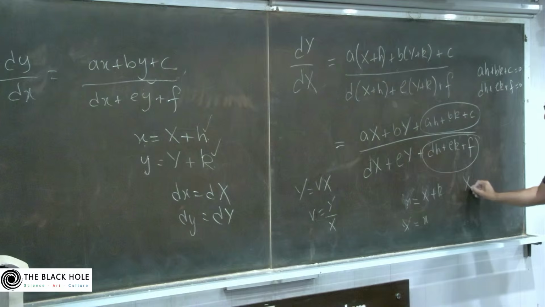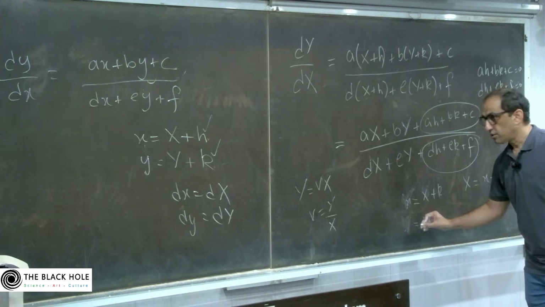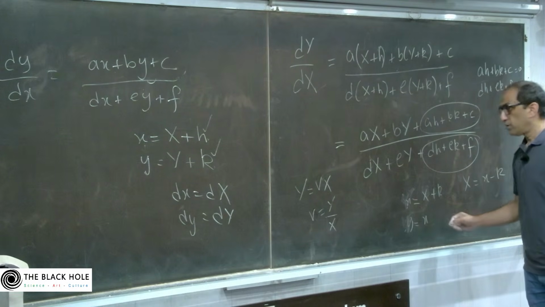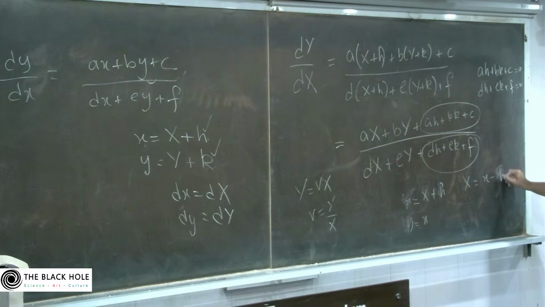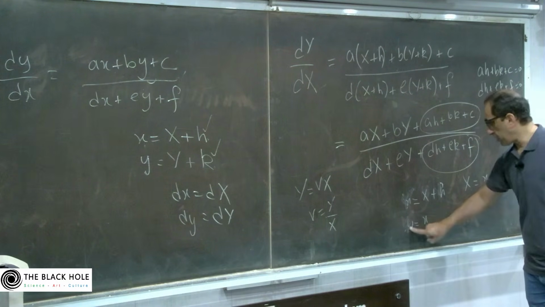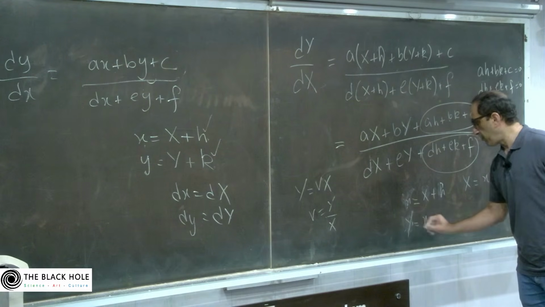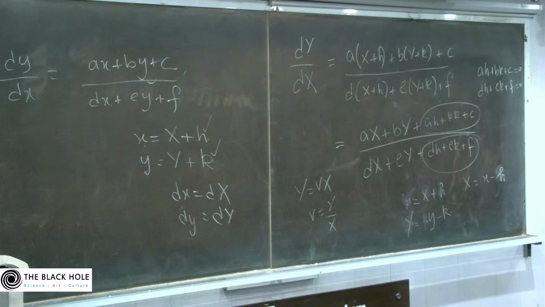So capital X would be x minus h, and your small y is equal to Y plus k, nothing sacrosanct about that, but the way I define ought to be like this, and this capital Y would be y minus k. So let's try and do an example so that you grasp the idea.